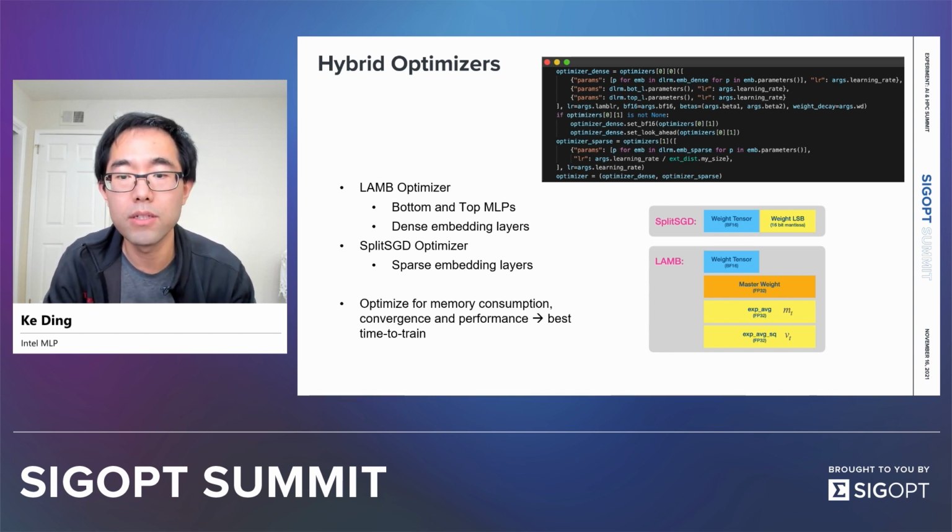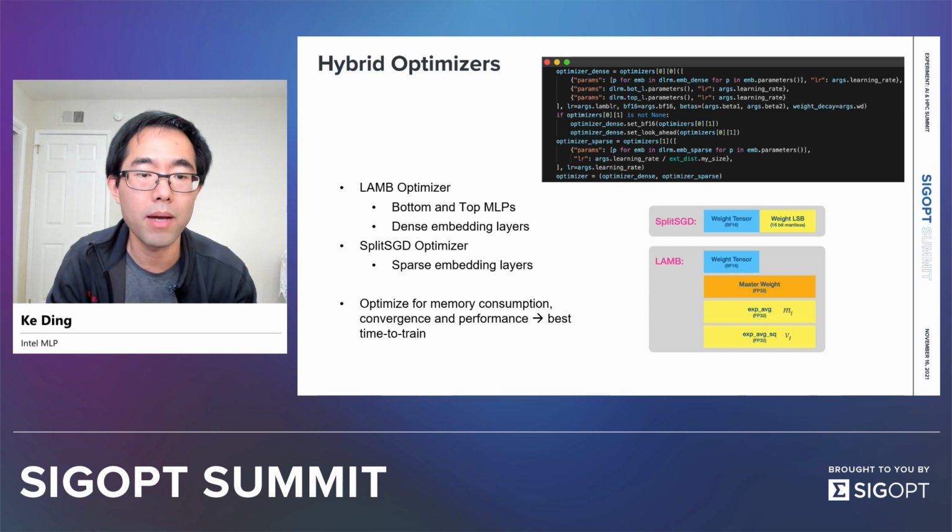And splitSGD is applied to those big sparse embedding layers. The code snippet is in the figure above, which is straightforward. By doing this, we optimize for memory consumption, convergence, and performance, which leads to the speedup for the time-to-train metric that MLPerf cares about most.